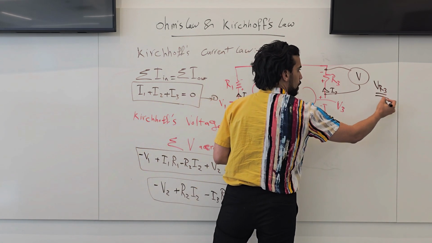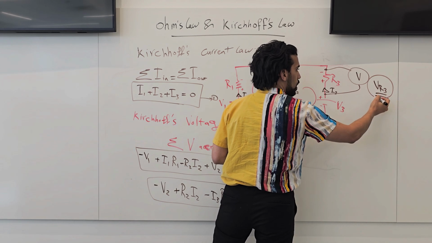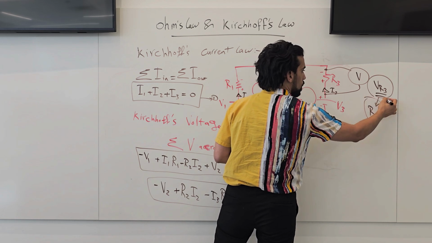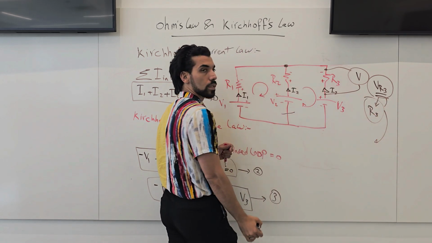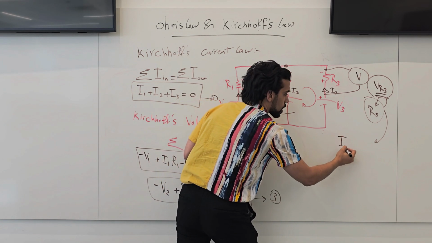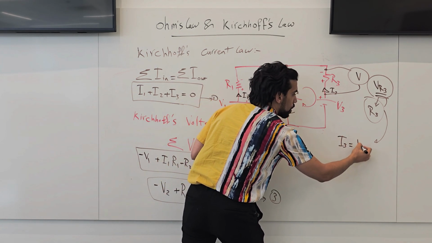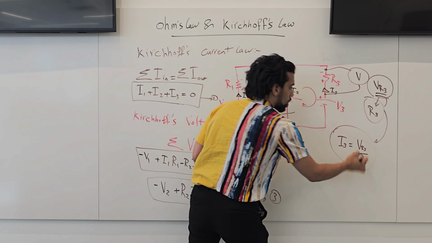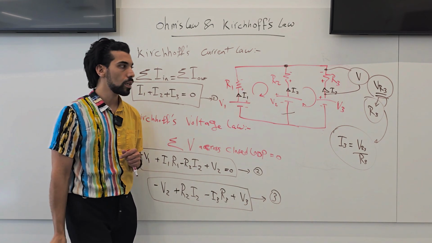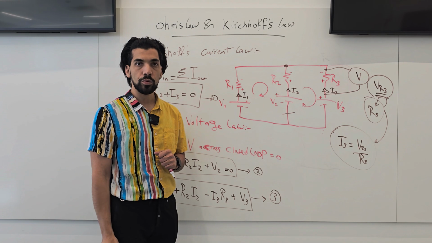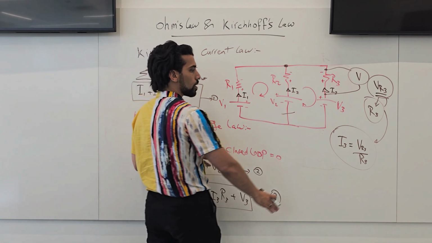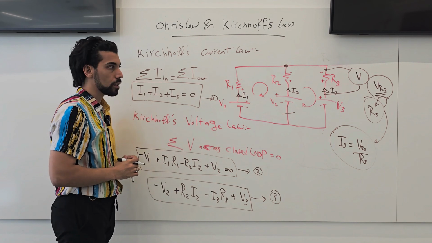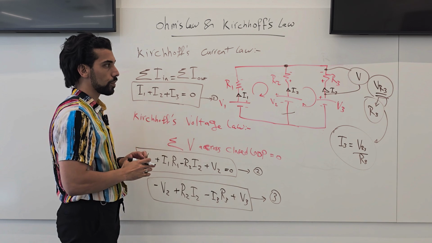When we know the voltage on R3 and the value of R3, we can use Ohm's law, which tells us that I3 is equal to VR3 over R3. So using the digital multimeter, we can evaluate the current in each one. We would like to compare the measured currents with the evaluated currents. I hope this is clear to you.